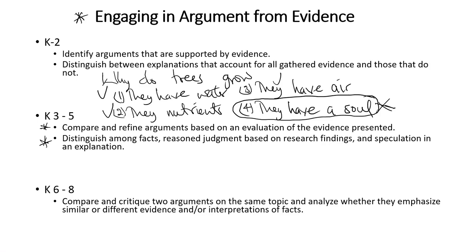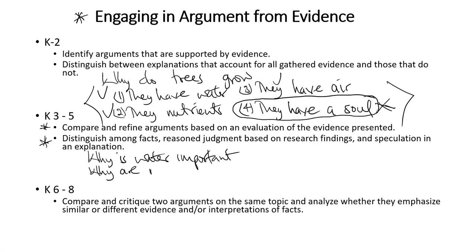So, for example, they must have water, they must have nutrients, must have air. At this point, they would say, why is water important? What does it do? What about why are nutrients important? What do they do? So they are getting more complex than just mentioning the things.